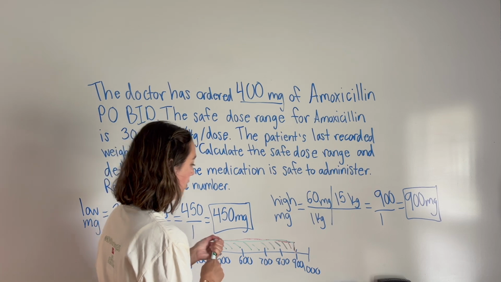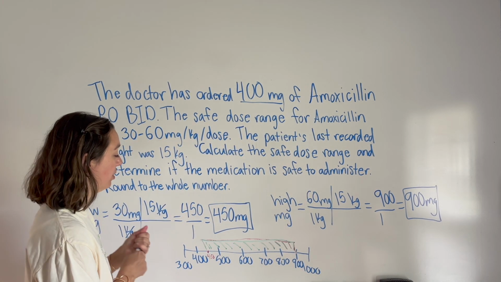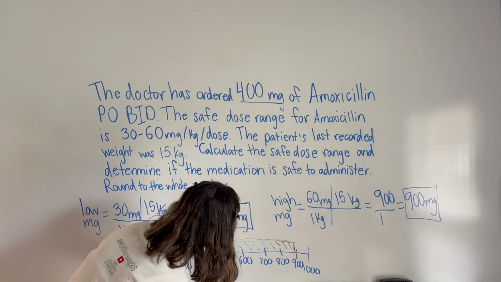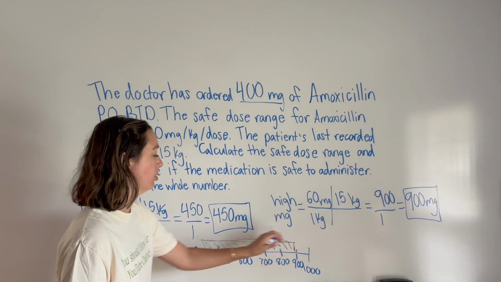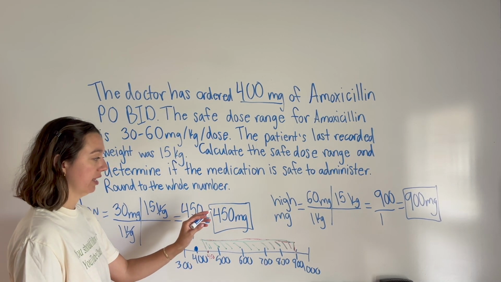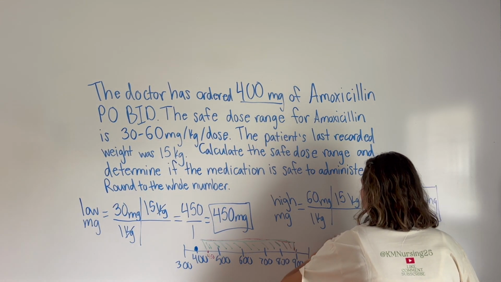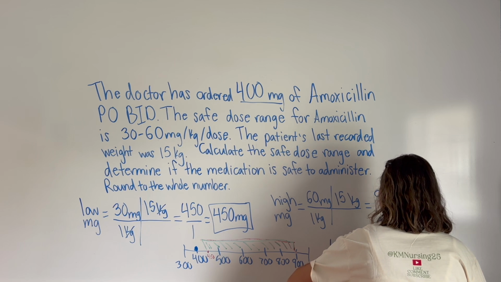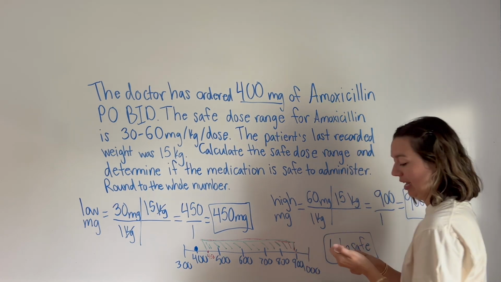Then when I'm looking back at my problem and I'm seeing the doctor ordered 400 milligrams, 400 milligrams is right about here, which is out of my safe dose range, which means that it is unsafe. So my answers are 450 milligrams, 900 milligrams, and the medication is unsafe. Those are my three answers.